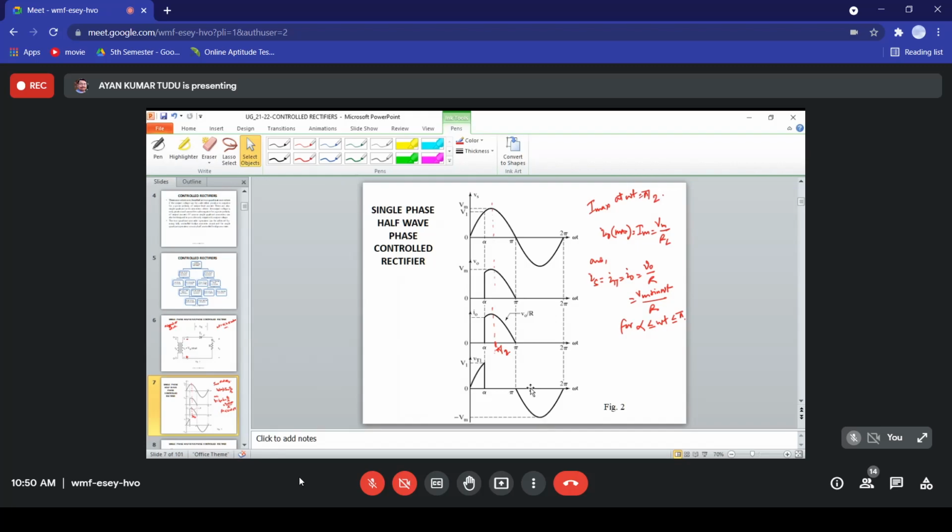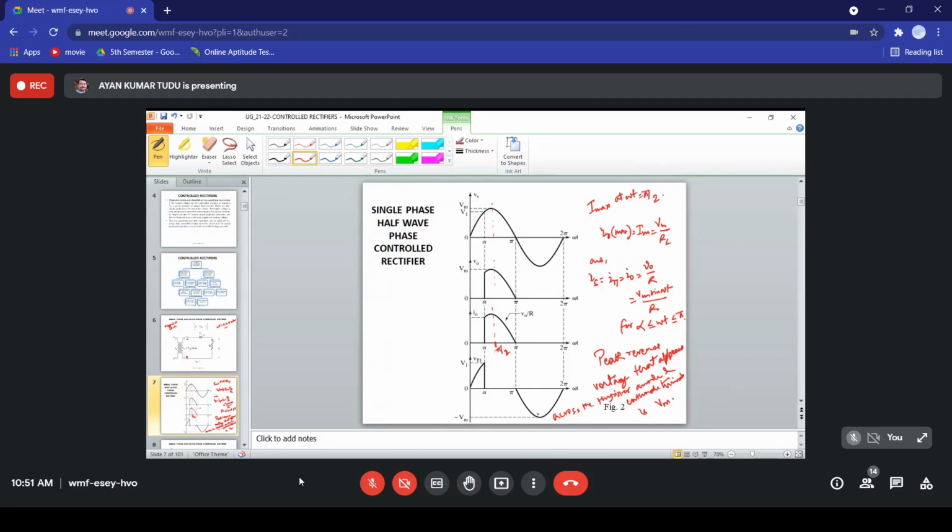So the peak reverse voltage that appears across the thyristor anode and cathode terminals is Vm, as can be seen from this figure here.